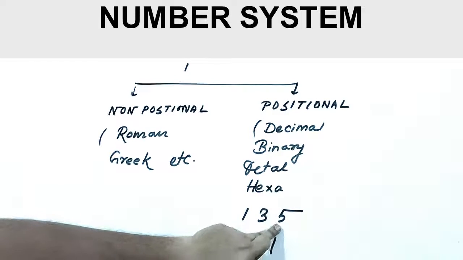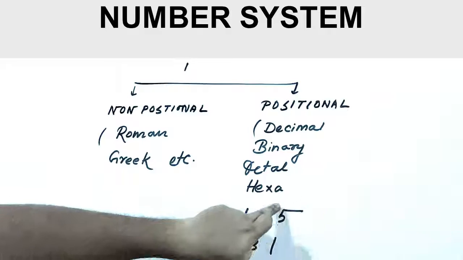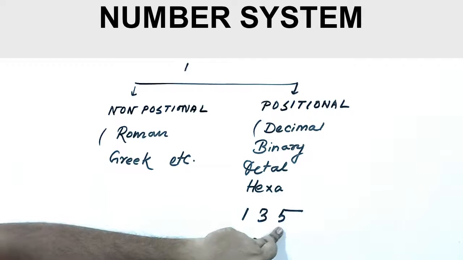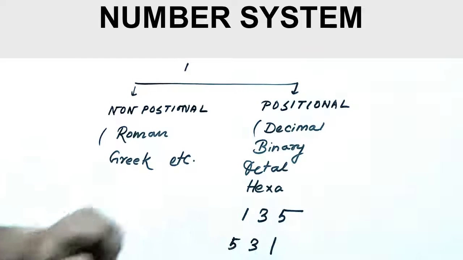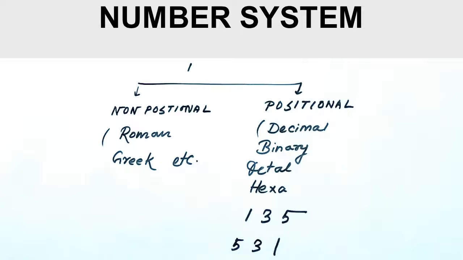So the weightage or value of this digit becomes different depending on its position. That's why it is a positional number system. In contrast, if you go to a non-positional number system like Roman or Greek number system, you will find that the position doesn't matter.